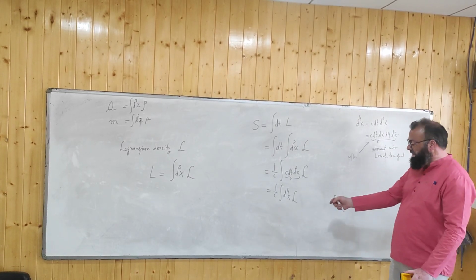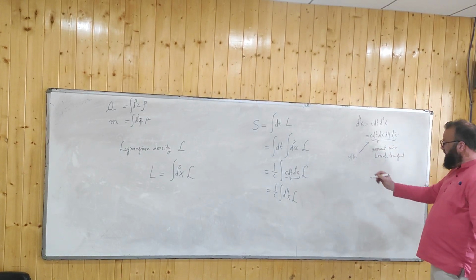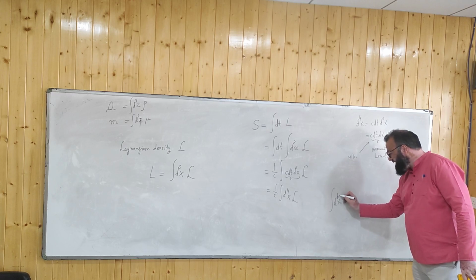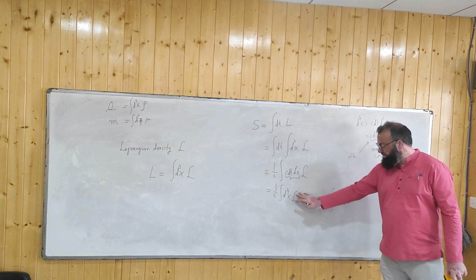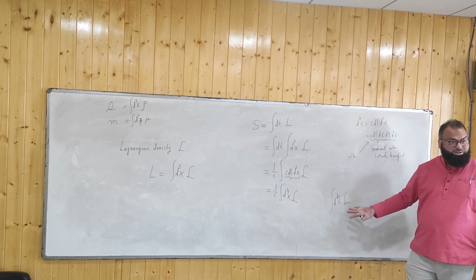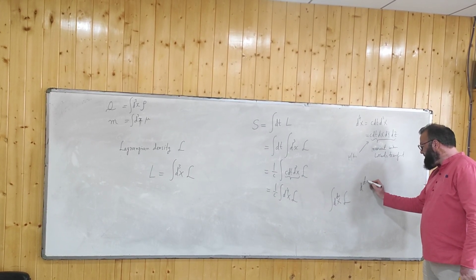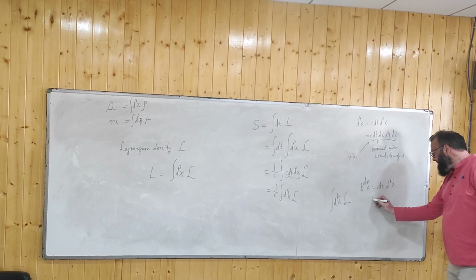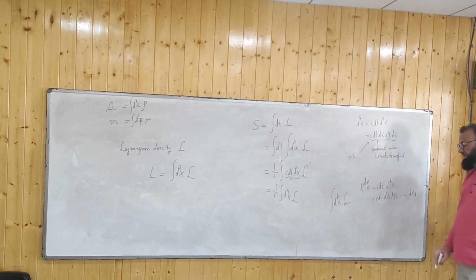This way it is easier to generalize this objective. We can easily generalize to higher dimensions by introducing a measure like d^(d+1)x, where d is the number of space dimensions and 1 is the time dimension. This d+1 x means c dt, the time dimension, and then dx1, dx2, and so on up to dxd.